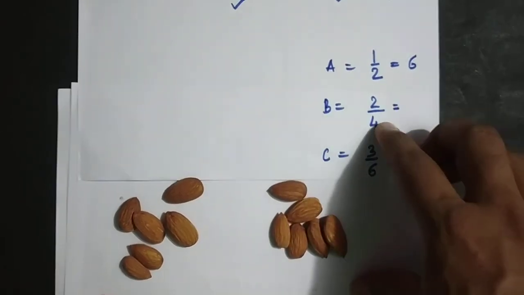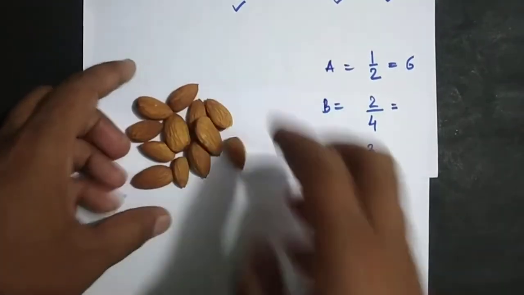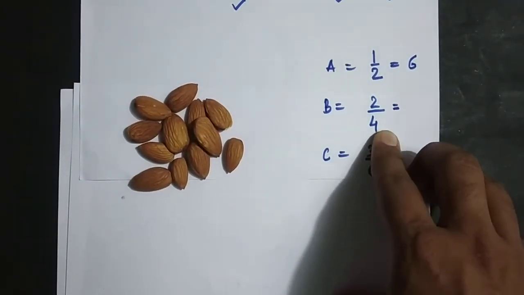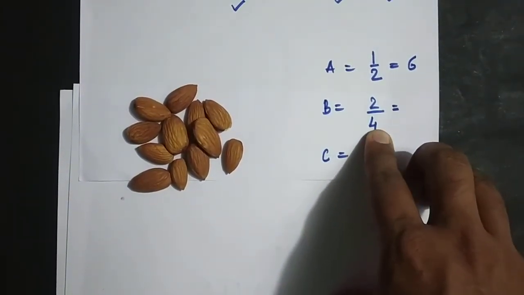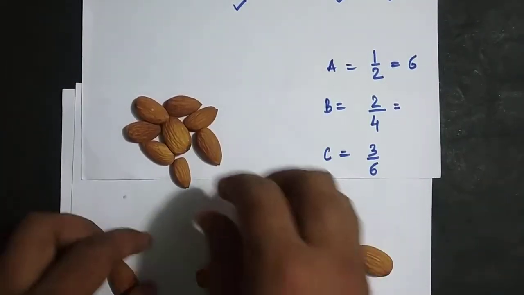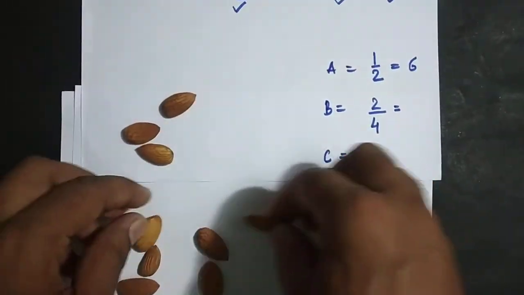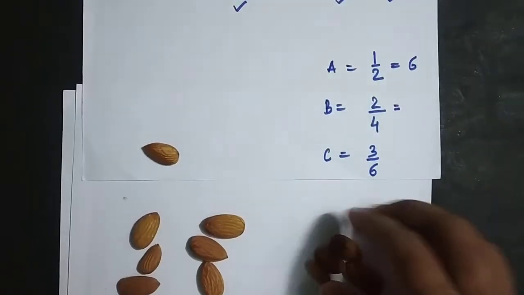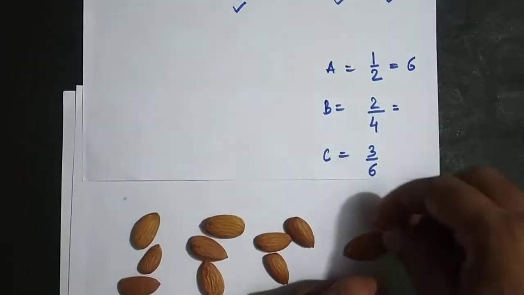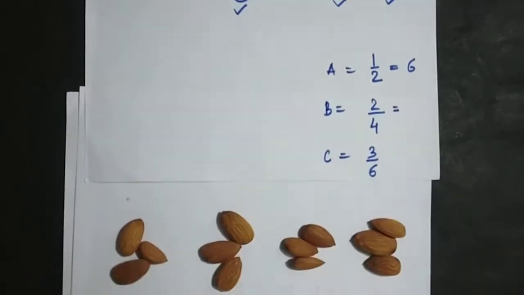Now come to B. B needs 2/4. So again, first we divide. In how many parts do we have to divide first? 4 parts. 4 parts में हम इसको divide कर लेंगे पहले. ये 4 equal parts में हमने divide कर लिया.